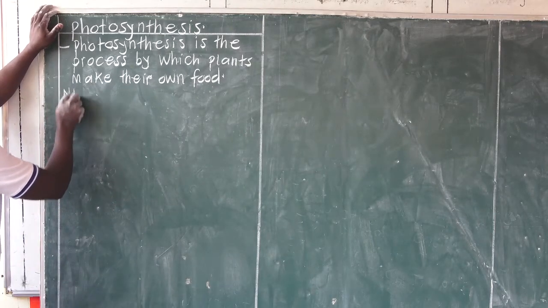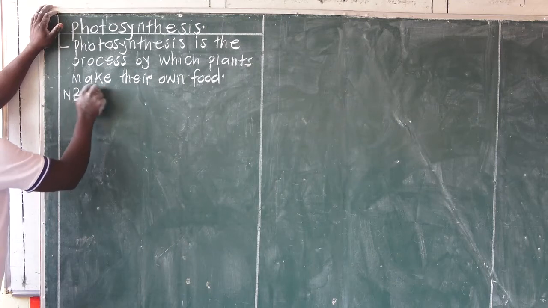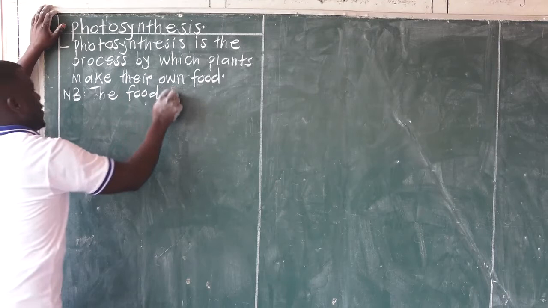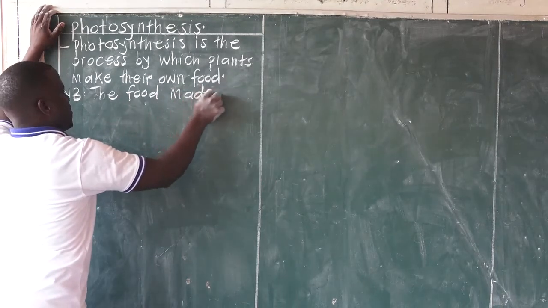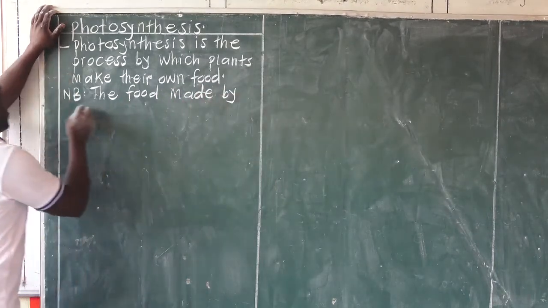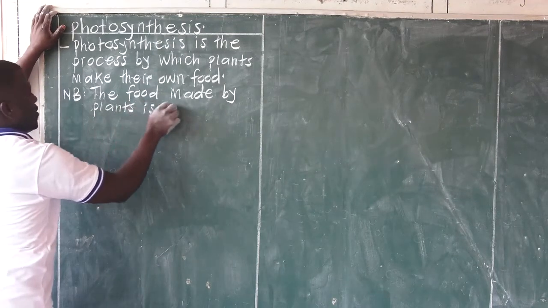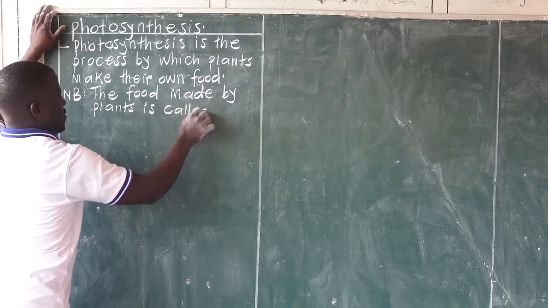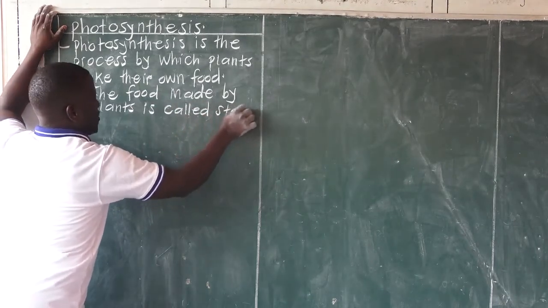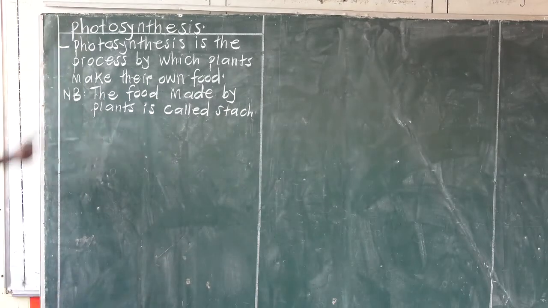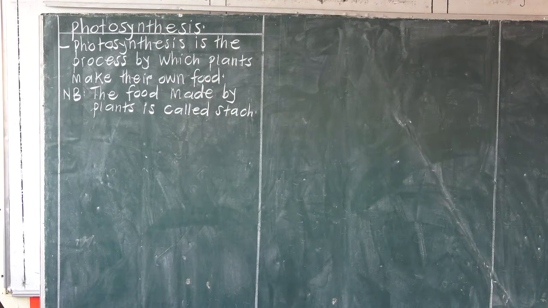And B, the food made by plants is called starch.